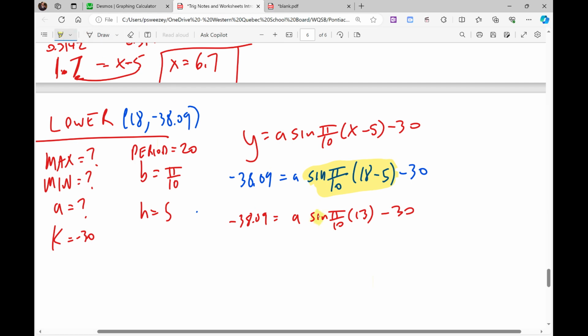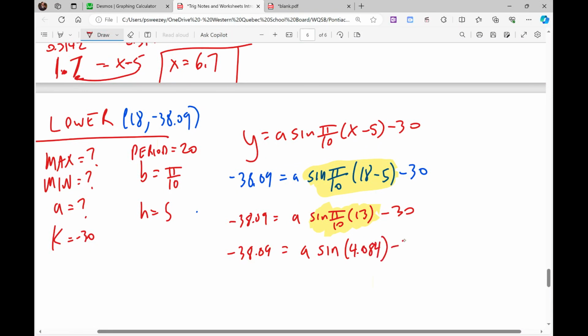That block is important, and I'm not going to execute the sine function until I simplify it. What's pi divided by 10 times 13? This is going to be something like sine of 4.084, minus 30.